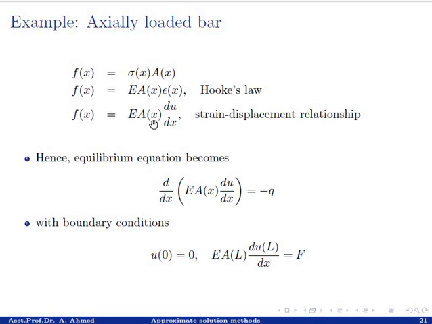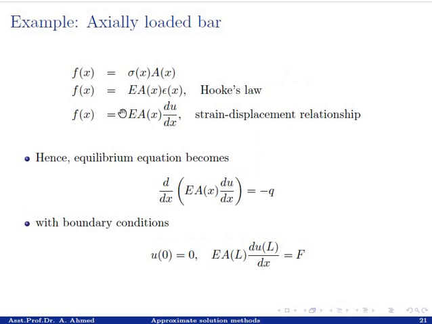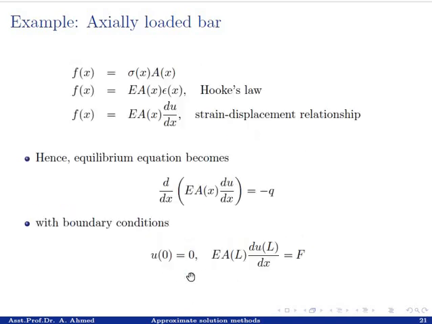A is a function of x as shown in the figure because the cross-sectional area is also changing along the length of the member. Otherwise, if it were a member of uniform cross-section, I would have taken simply EA times du over dx. So now the equilibrium condition, by incorporating f of x in the above differential equation, becomes this form.